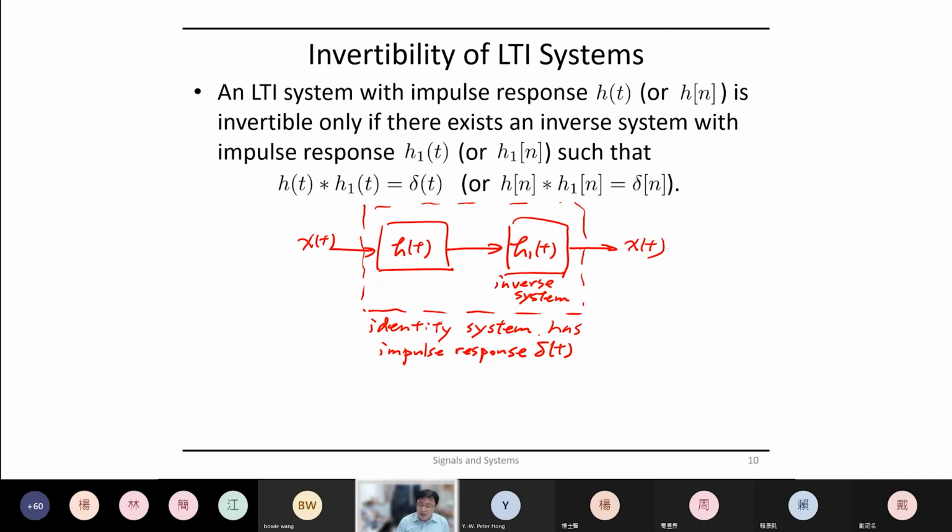So the system h(t) is invertible if you can find another impulse response h1(t) such that when you convolve h(t) with h1(t), it is equal to a delta function, which is the impulse response of an identity system. Similarly for the discrete case as well.